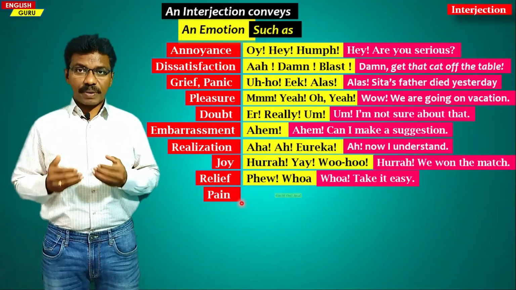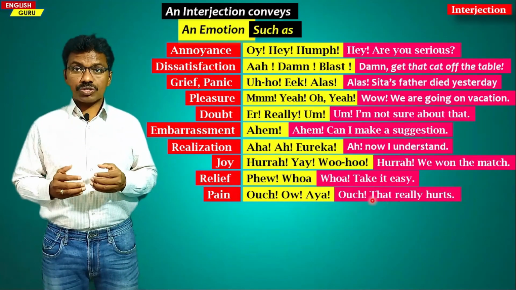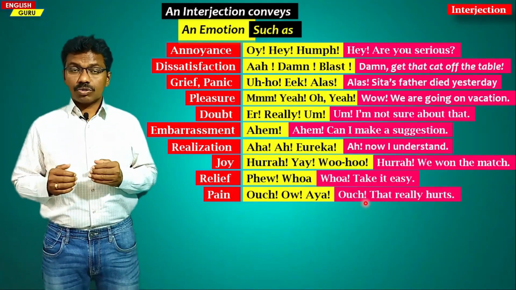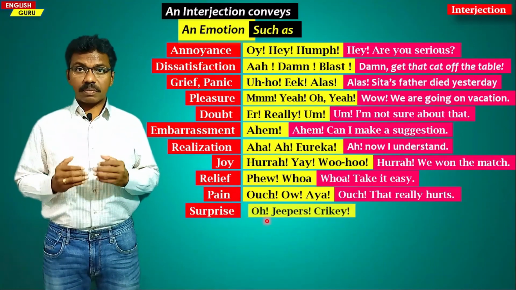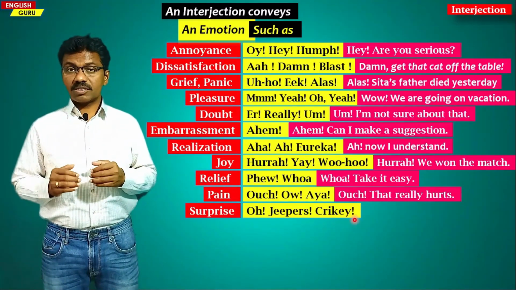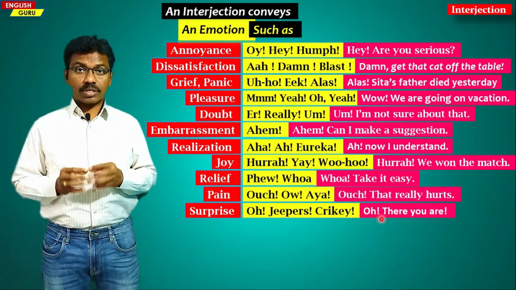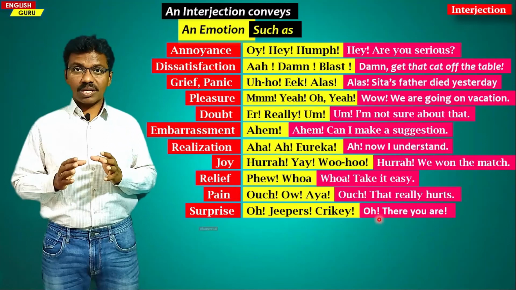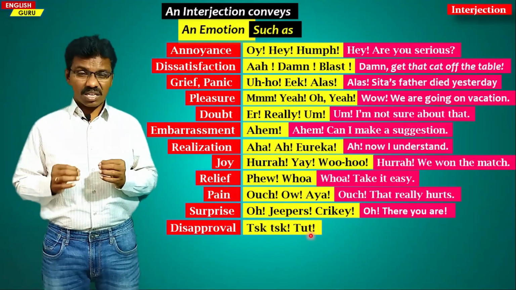The next one is pain. Ouch, oh, hey. "Ouch, that really hurts." Ouch is an interjection talking about pain. And the next one is surprise. Oh, jeepers, crikey. So these are the sounds used. "Oh, there you are." Oh is an interjection. The next one is disapproval. Tsk, tsk, tut.